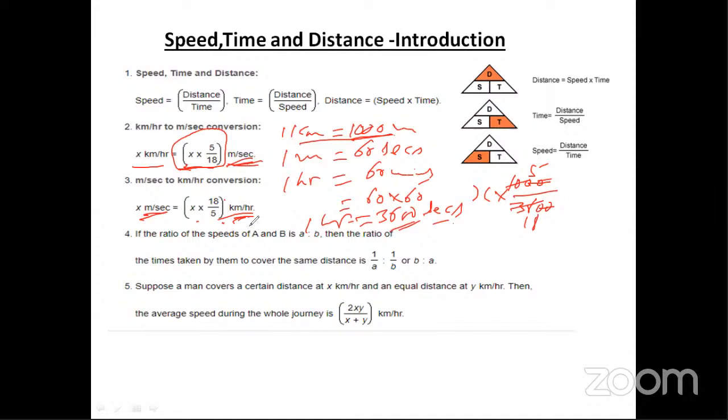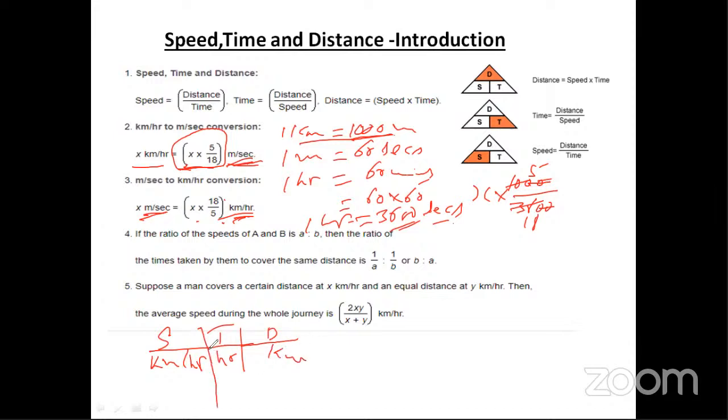Sometimes they will give the units of speed. For example, let us consider the units of speed, time and distance. If the unit of speed is kilometer per hour, then time should be in hour and distance should be in kilometer.